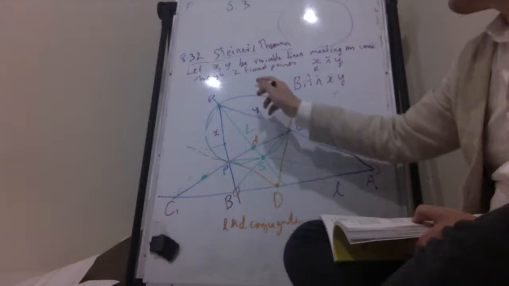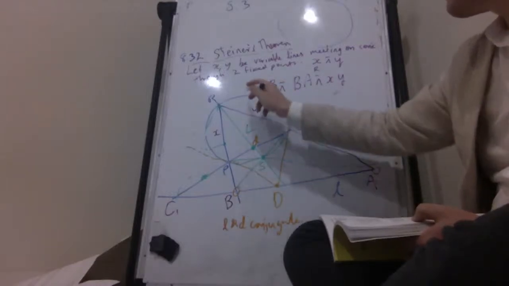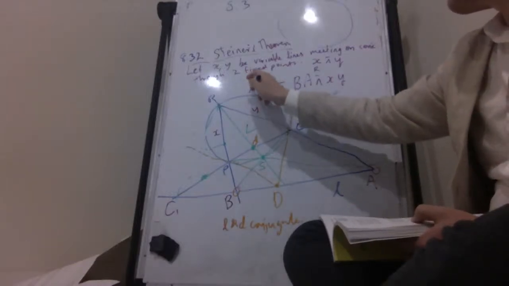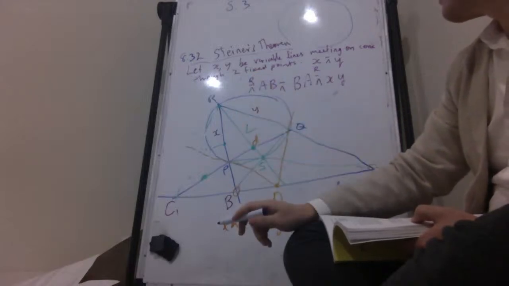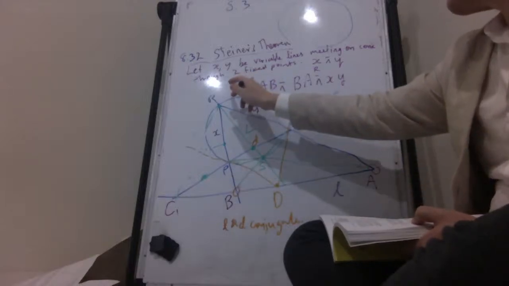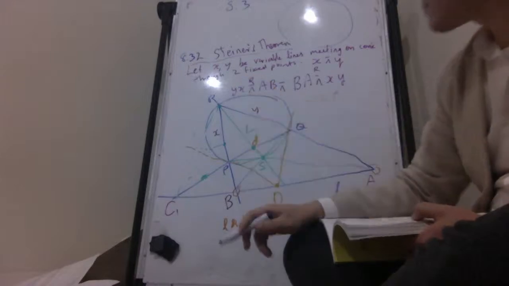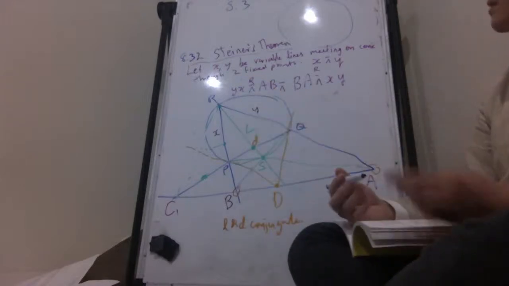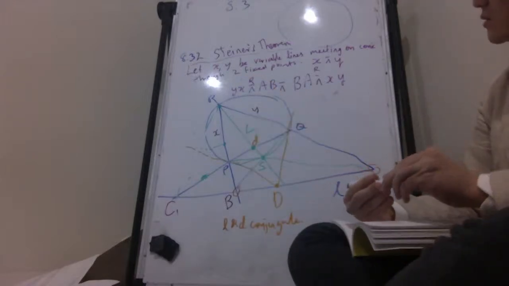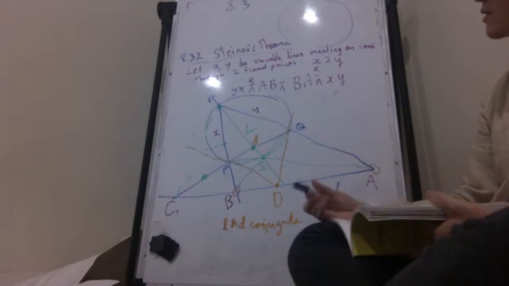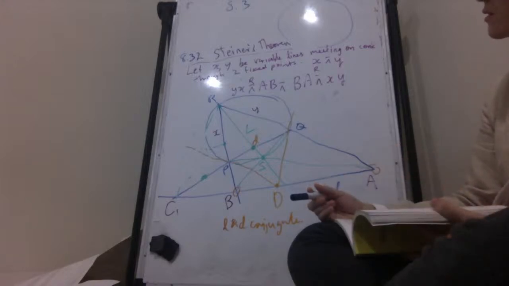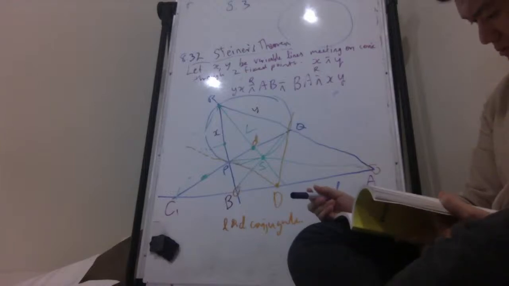Then AB is related through R to YX. So you have a projectivity that takes YX to XY. It's actually an involution that takes X and Y to each other.